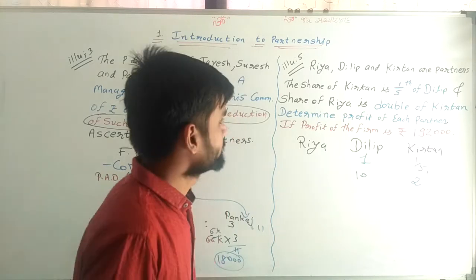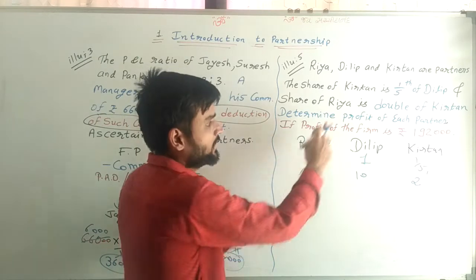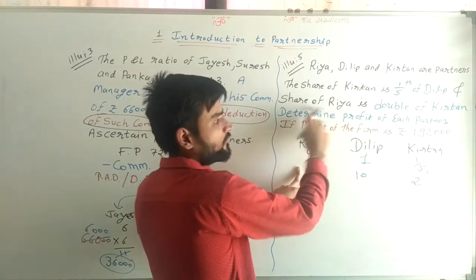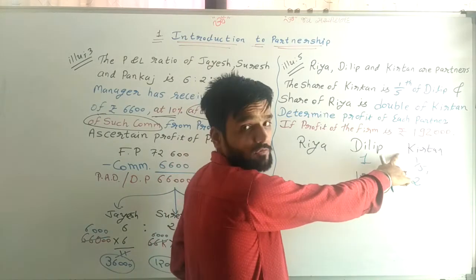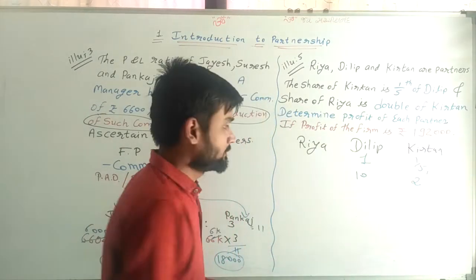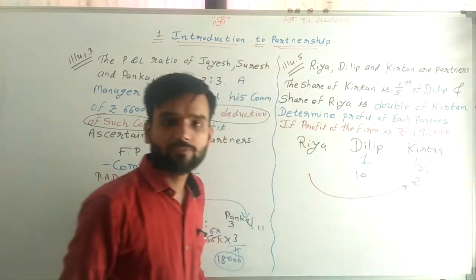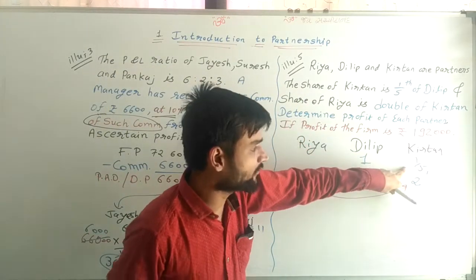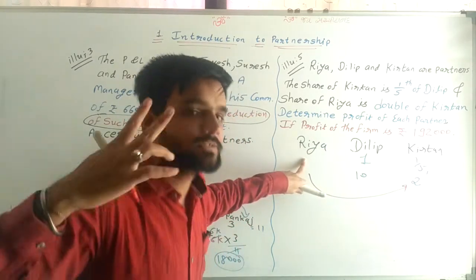Now going ahead, the share of Riya. Now talking about Riya. The share of Riya is double of Kirtan. Riya's profit is compared directly with Kirtan's profit. If Kirtan's profit is 1/5, then Riya's profit is double of that.